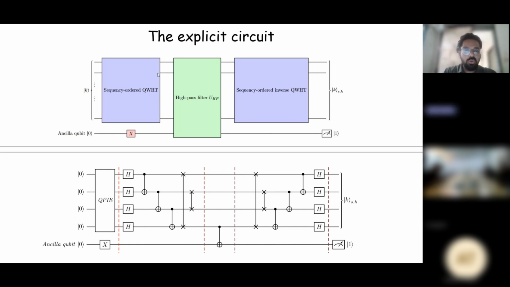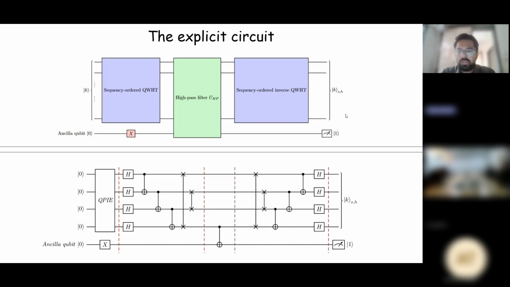So doing all of this together, now I have an ancilla qubit. Using this high pass filter, I had separated out the low frequency components where the ancilla qubit will be 0, and high frequency components where the ancilla qubit will be 1.